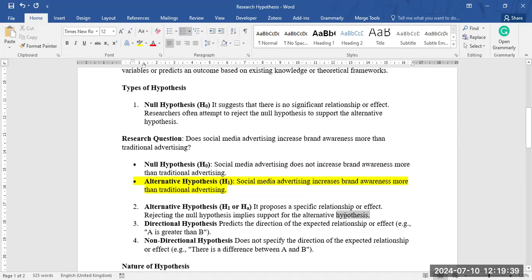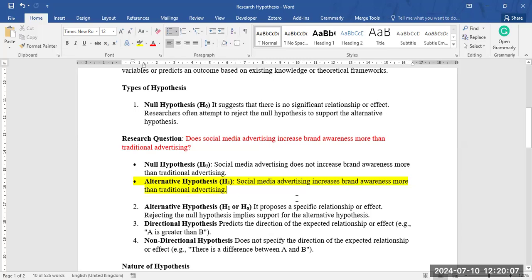So the alternative hypothesis proposes a specific relationship or effect. And rejecting the null hypothesis implies support for the alternative hypothesis. So based on this question, does social media advertising increase the brand awareness more than traditional advertising? They try to write the alternative hypothesis like this: social media advertising increases brand awareness more than traditional advertising.